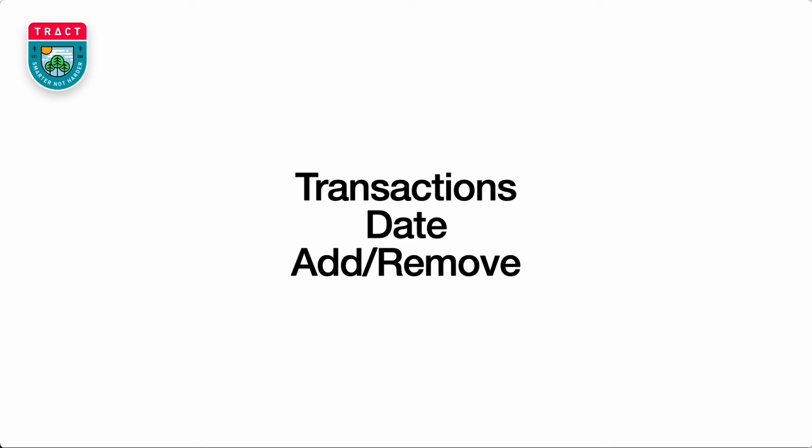So the transaction itself can't be changed if its date is in a closing period, but it also can't be changed if its parent is in a closing period. And that also means that we can't remove it from a statement that's locked, and we can't add it to a statement that's locked.